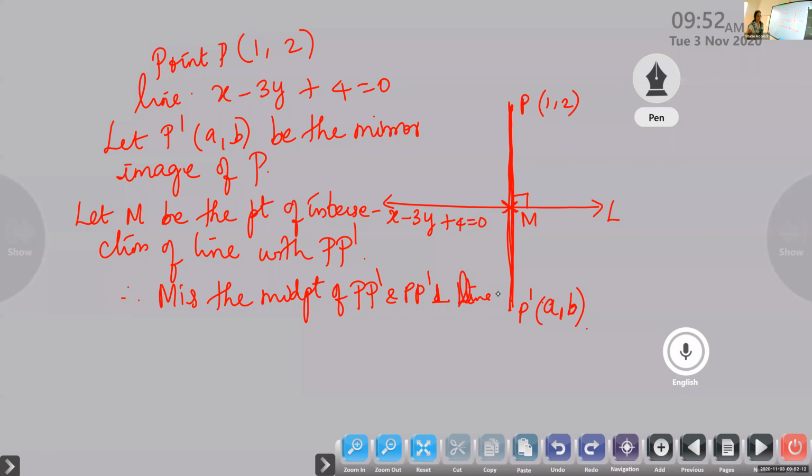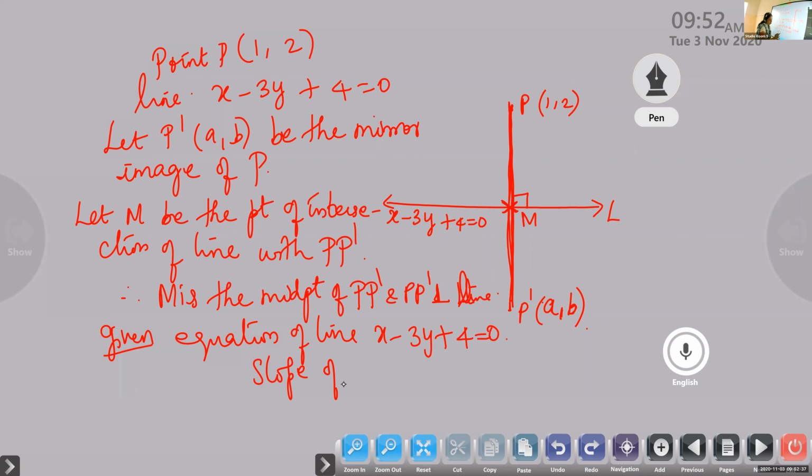Similar to the previous one, we want to find the equation of PM. What is the given equation of the line? It is x minus 3y plus 4 is 0. From here, what will be the slope of the line? Rijas, what is the slope of the line?